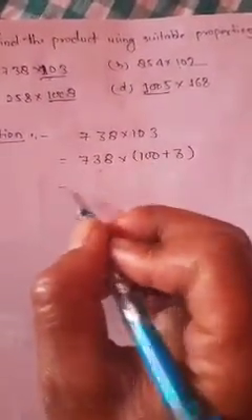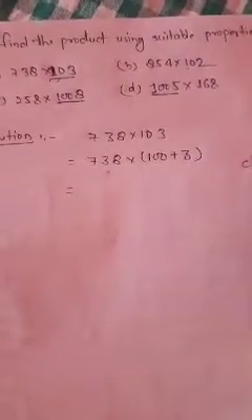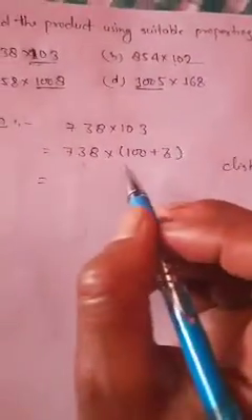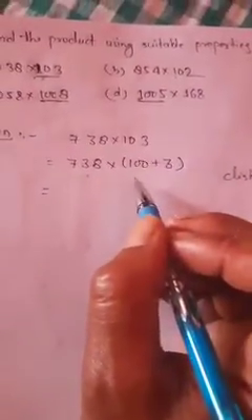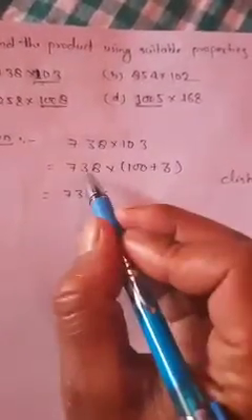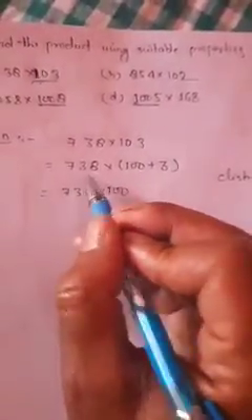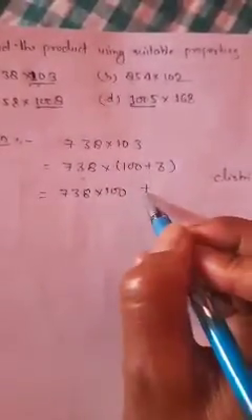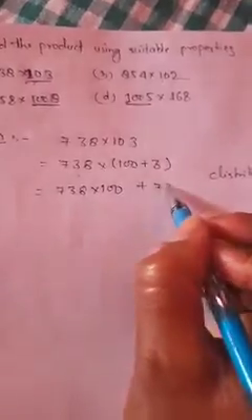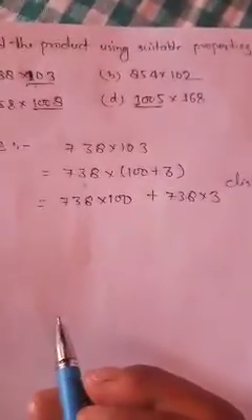Now using the distributive property, the number just outside of the bracket will be multiplied. So 738 first will be multiplied with 100, plus, and 738 will be multiplied with 3.